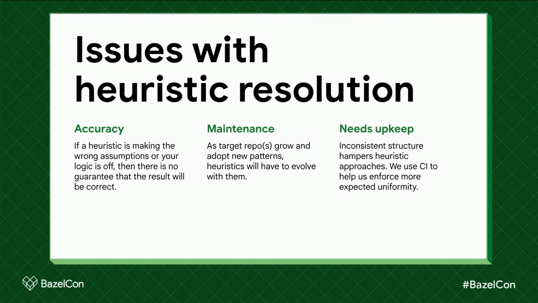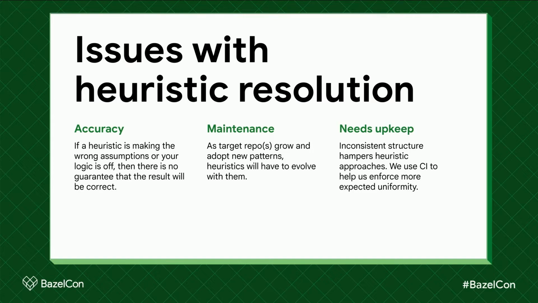That's really cool. There's issues with it though, obviously. Accuracy is a big one, where there's always going to be things that break your assumptions. And so that can result in false positives, or on rare occasions, an irrelevant dependency.